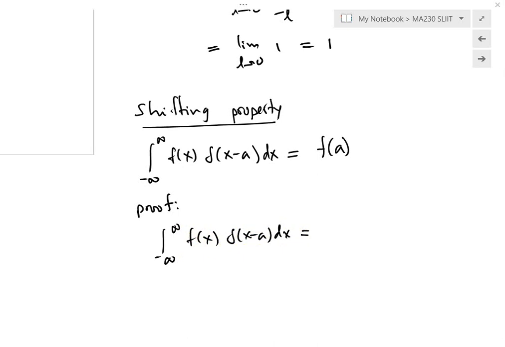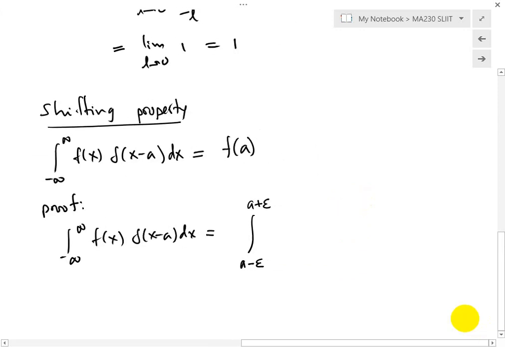So I don't need to worry about the rest, and I can simply integrate from a minus epsilon to a plus epsilon. Now epsilon is a small number, so you may not be used to this kind of notation, so don't get upset, but this will be over very soon with a very short proof.